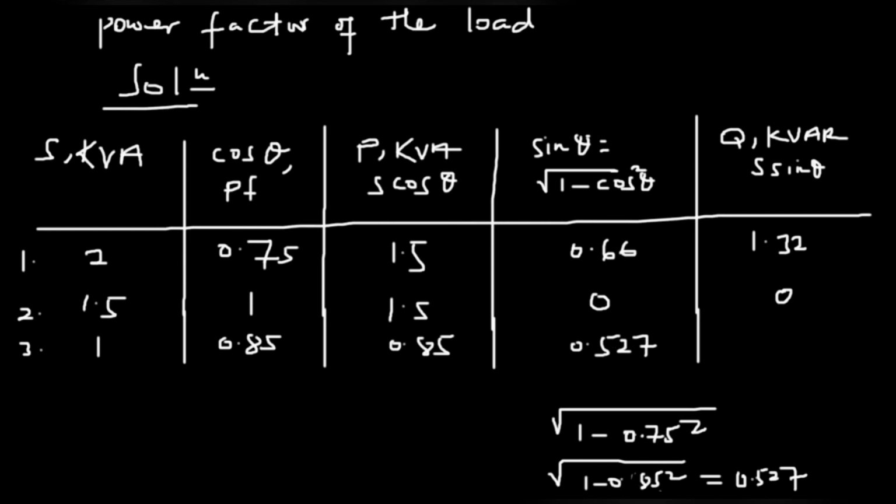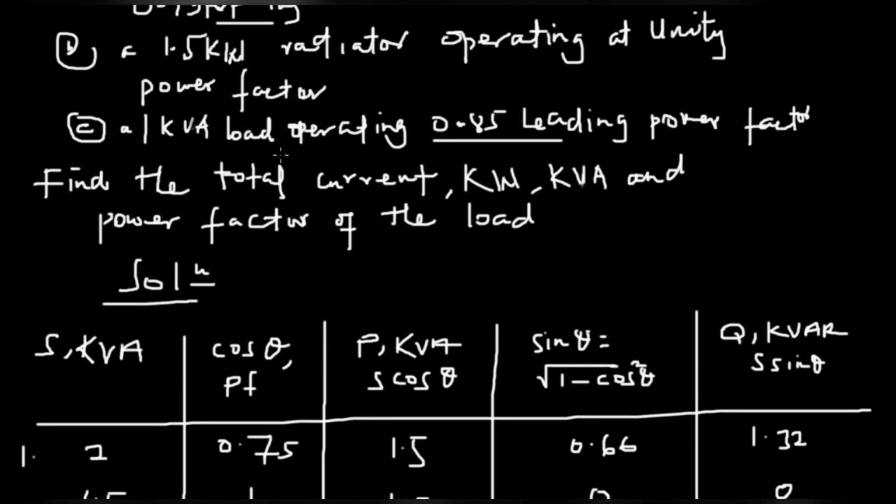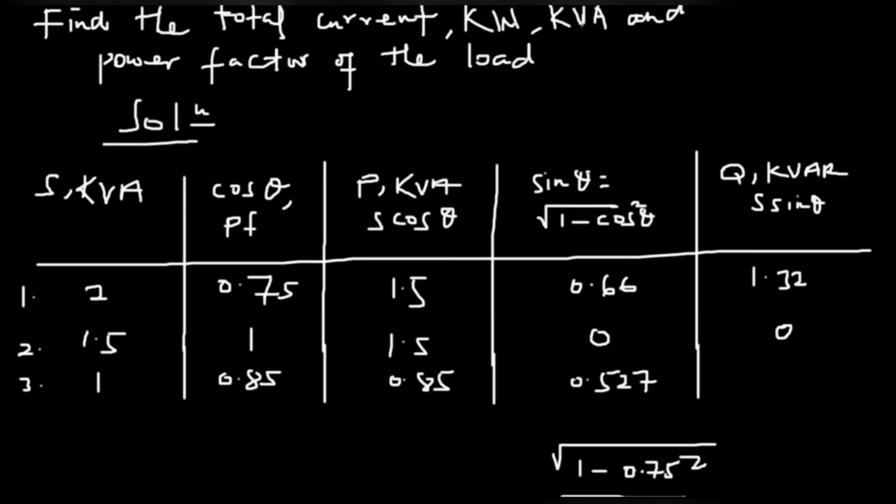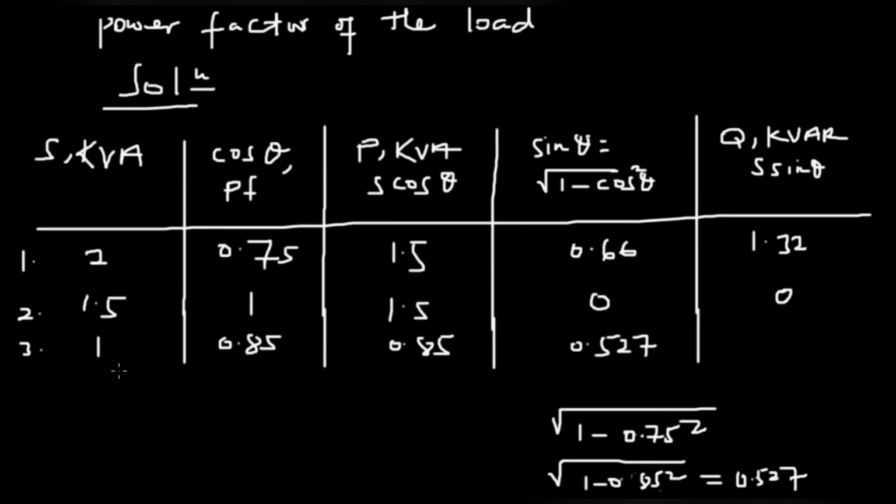Note that since for C we have a 1 kVA load operating at 0.85 leading, our Q value will be negative. So multiplying 1 by 0.527, you get minus 0.527.